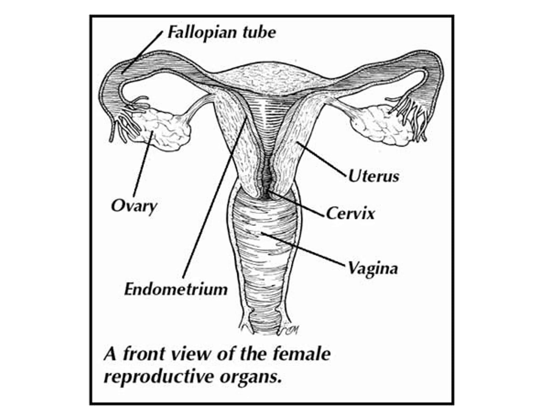The body prepares itself every month for pregnancy, or the uterus prepares itself to accept the fertilized ovum every month so that it can immediately give nourishment to the fertilized ovum.